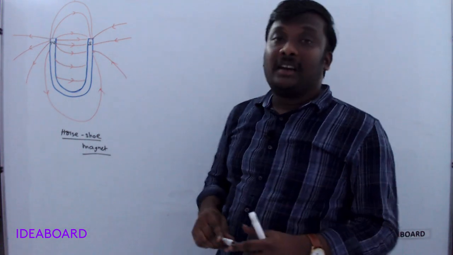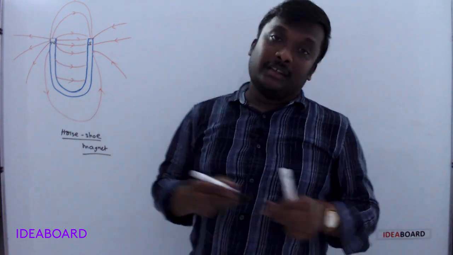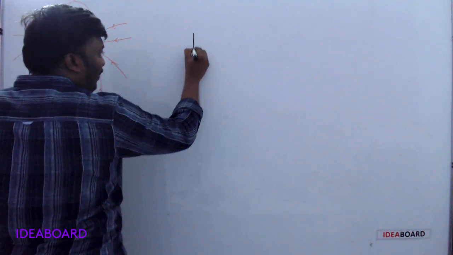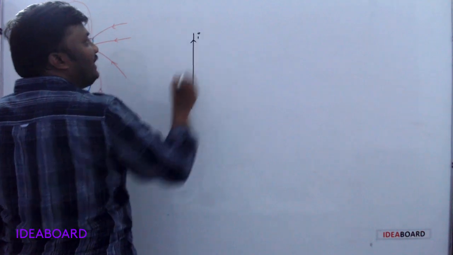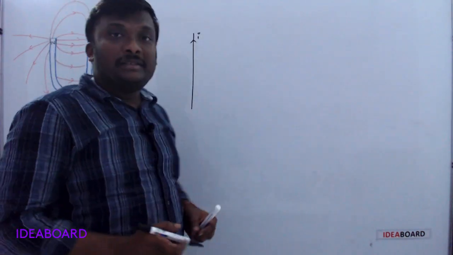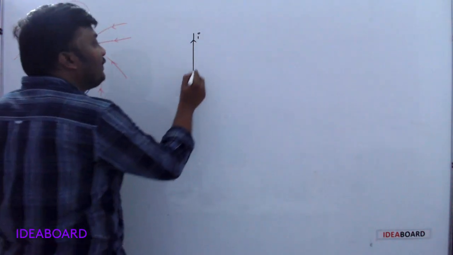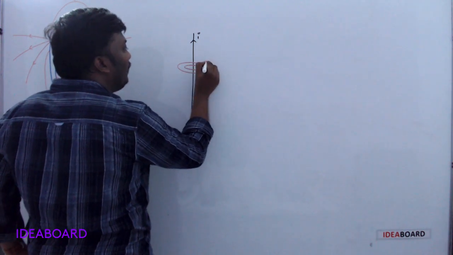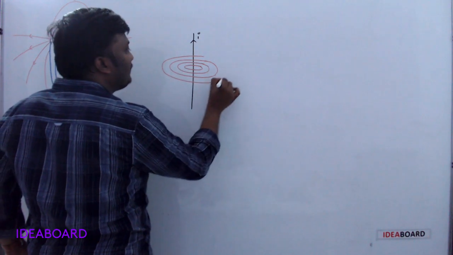Okay, magnetic field lines are not only present in magnetism concepts, they are also available in current carrying conductors. If current is passing through any straight conductor, then around the current carrying conductor the magnetic field lines appear in the form of concentric circles.